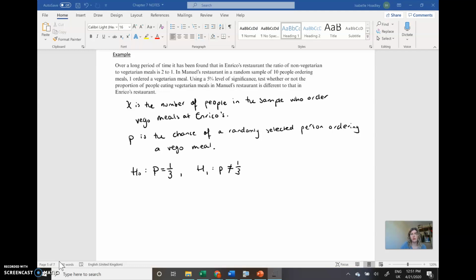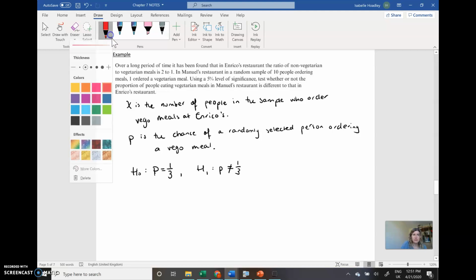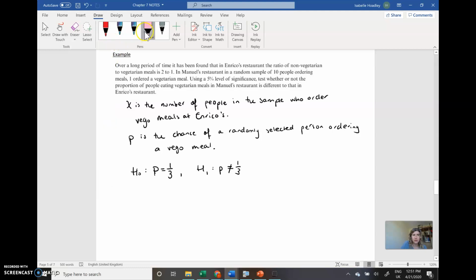Now the indication for you that you're doing a two-tailed test and not a one-tailed test is just the fact that you're testing to see whether Manuel's restaurant is different to that of Enrico's. So it doesn't have to be bigger or smaller, it just has to be different. That's all we're testing for, and that's your main indication.